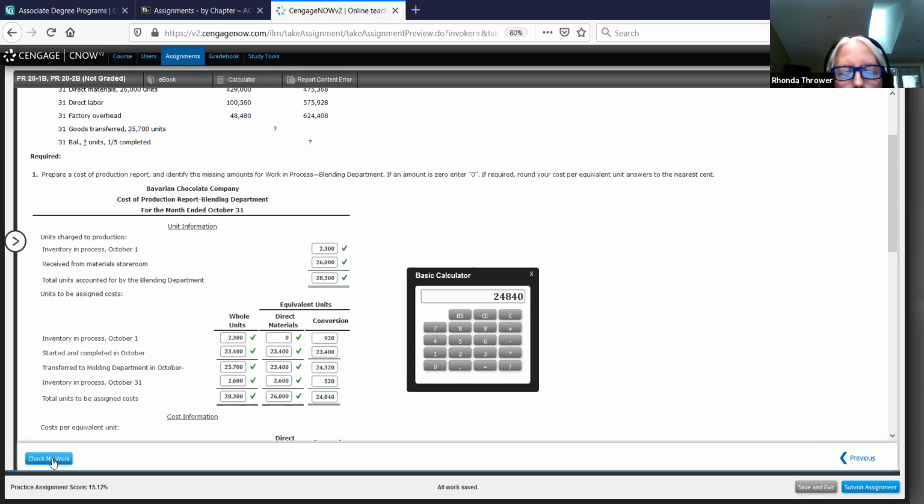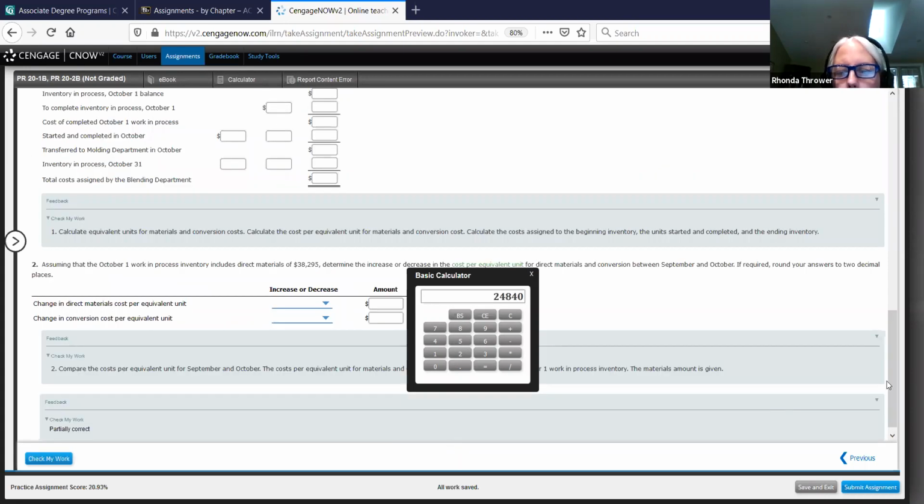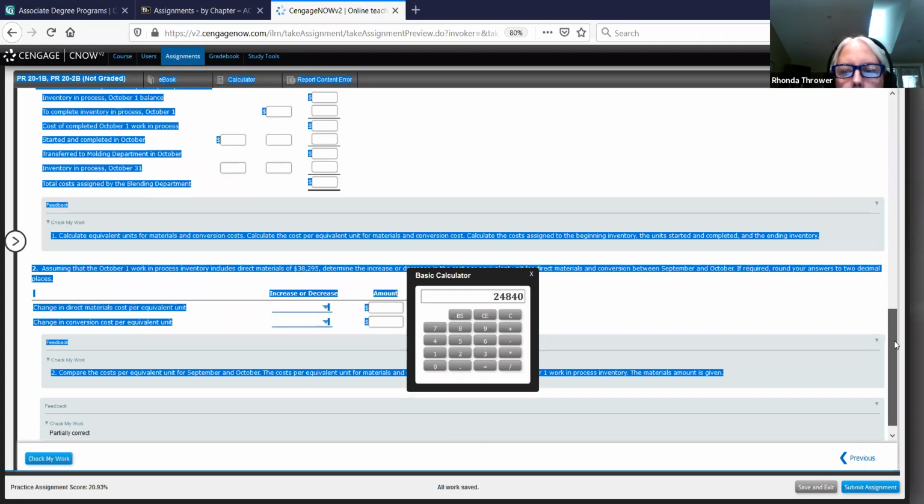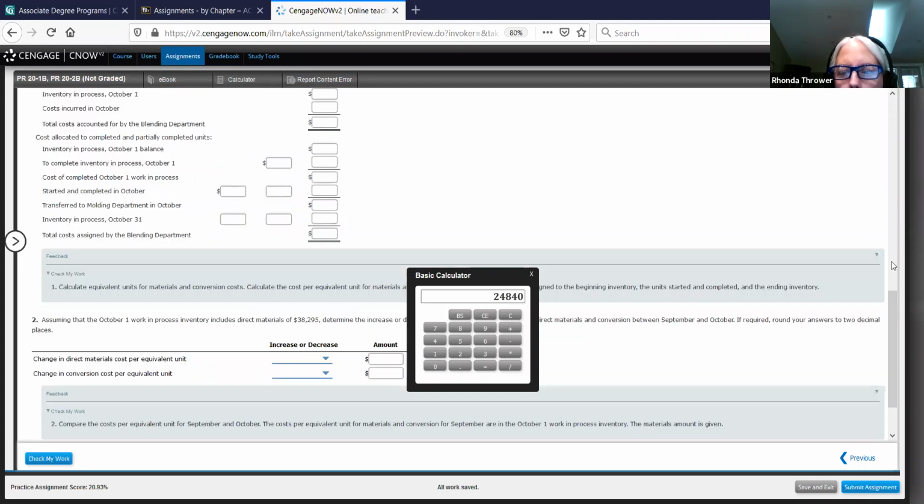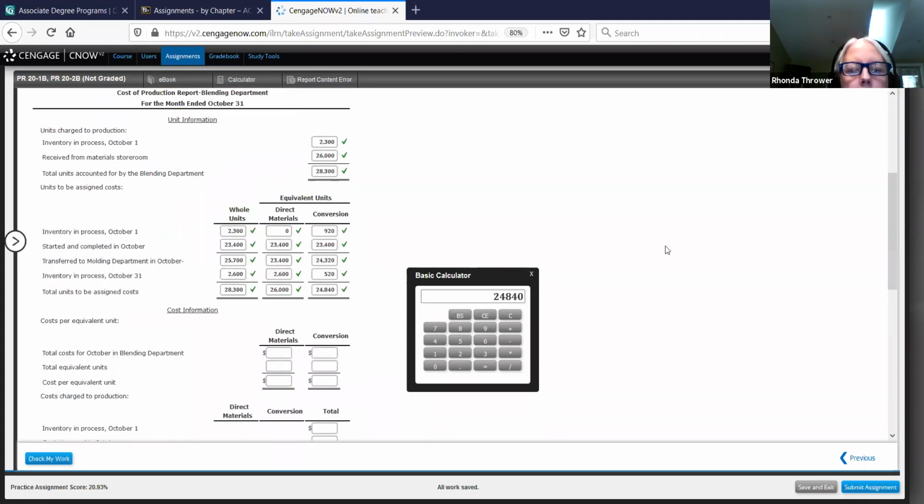I'm going to check my work just to make sure that we've got everything in there that we should have had in there. Make sure that these are right before you move forward with your second part of your cost of production report, which has to do with the dollar amount or the cost that we're going to be calculating.